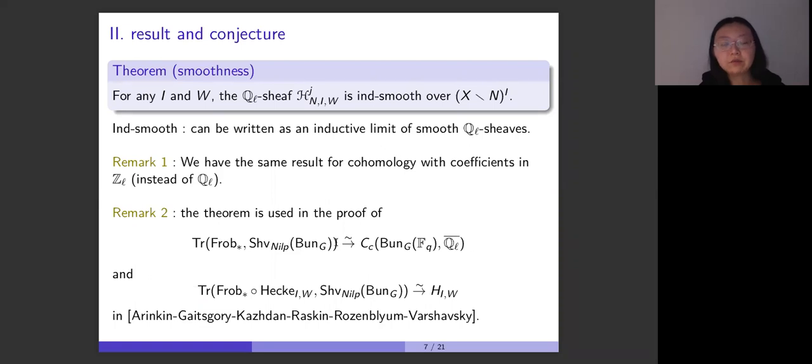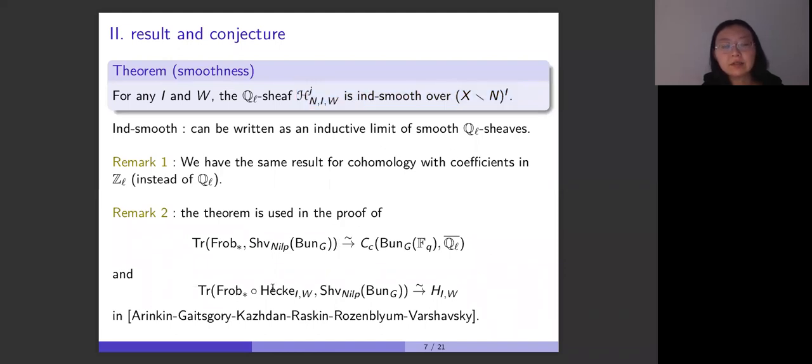And in the proof of this, they need to know that this relative cohomology is ind-smooth over the I-th power of the curve.